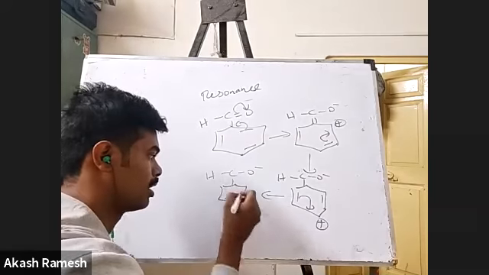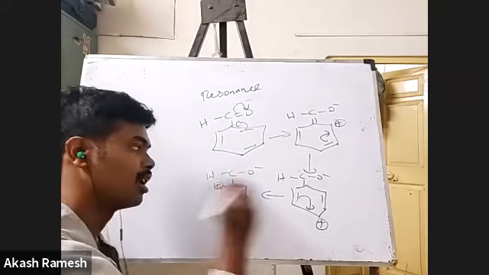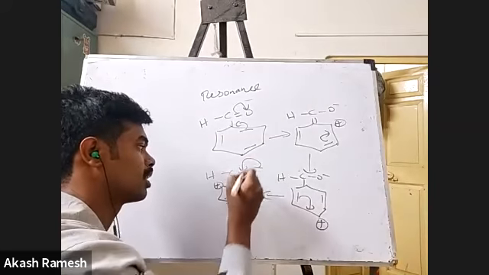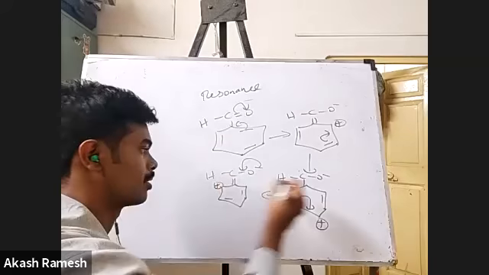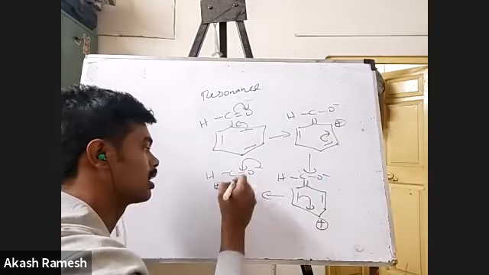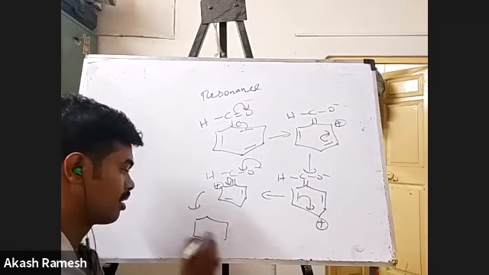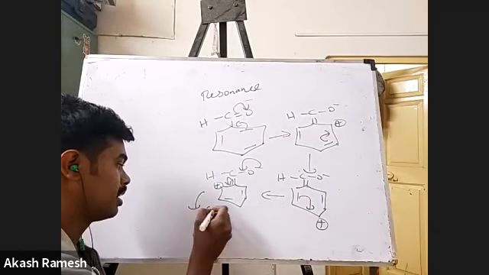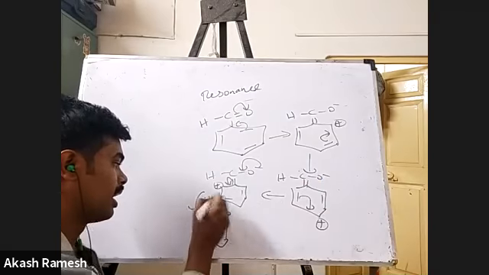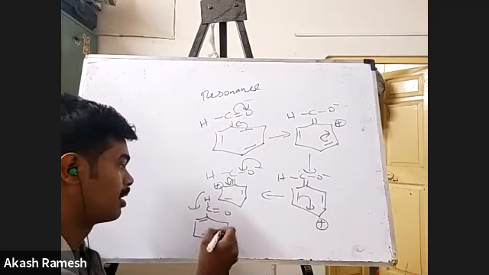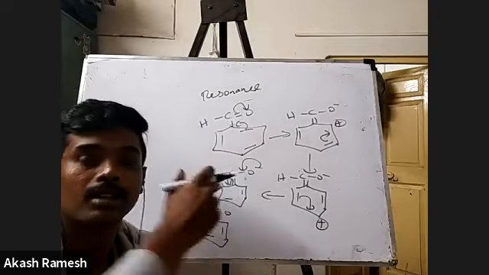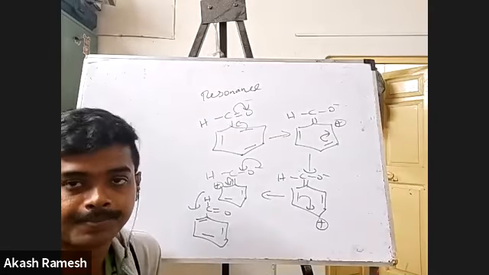H, a bond here, a bond here, a positive charge here. Now the last step, this will come. Oh, that's a double bond. Sorry. This will come, and this bond will go here. So the last structure I have is C double bond O and an H, a bond here, a bond here, and a bond here. Yes, this would be my structure.